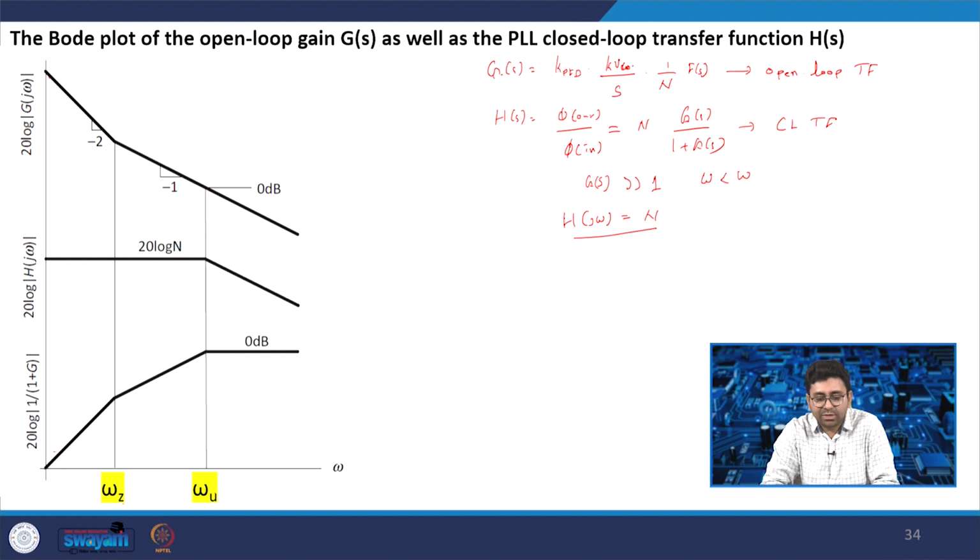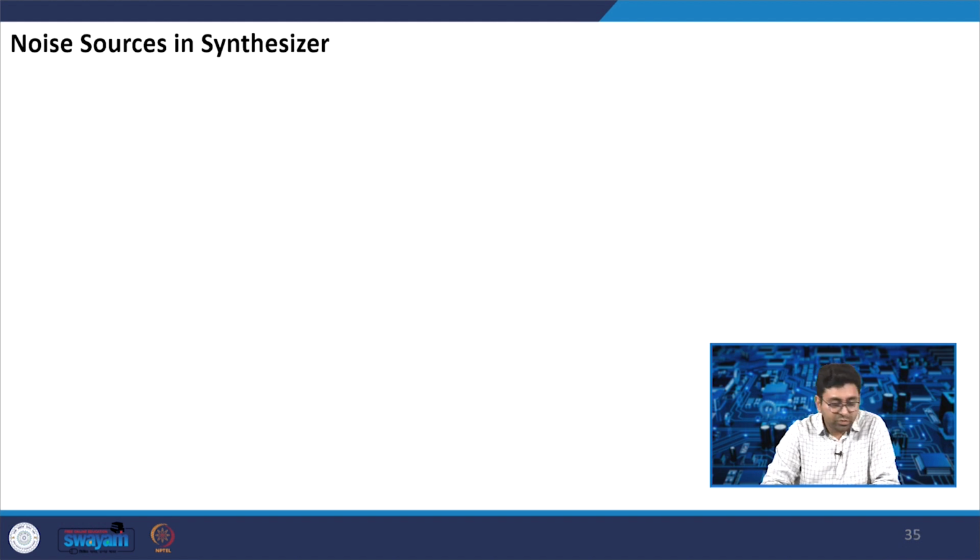So, this is how the transfer function of a fractional-N PLL is, only the difference is here 1 by N, and N will be added.